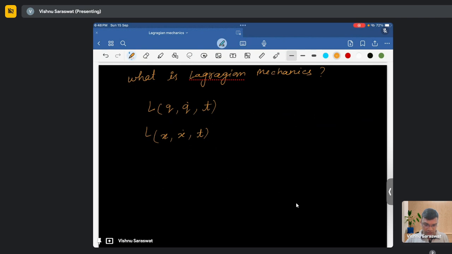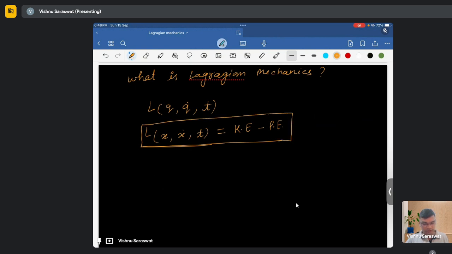So Lagrangian gives this formula, which is a function of x, velocity and time, which is equal to the difference of kinetic energy and potential energy.